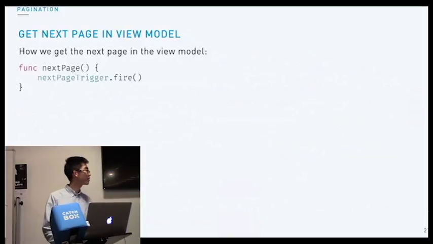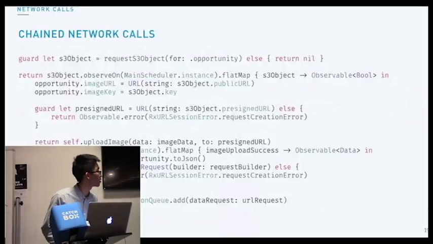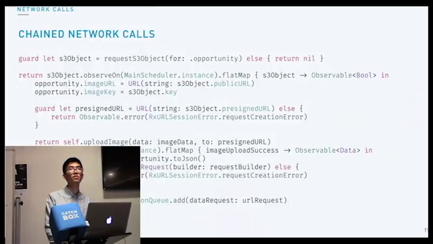Some interesting use of it is we can chain network calls together to create a single observable result. What we're trying to do here is we're telling the server to give us a precise URL to upload the image, and then we upload the image, and then we set up the URL of the image to an object that we're trying to upload to the server, and then we get the result in the observable.